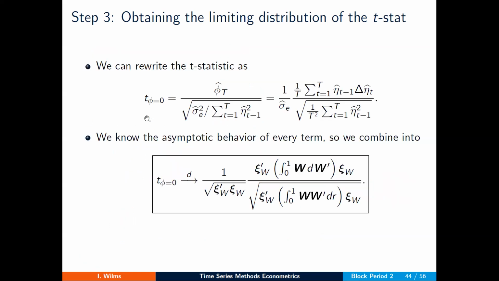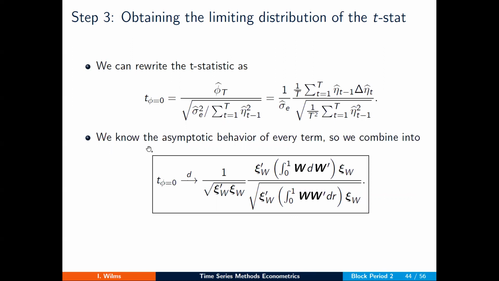Now, if we turn back to our test statistic, after some rewriting and introducing the appropriate scalings, we actually know the asymptotic behavior of each entry that is involved. You can check that I've just combined all of the pieces from the previous slide together into this limiting distribution.